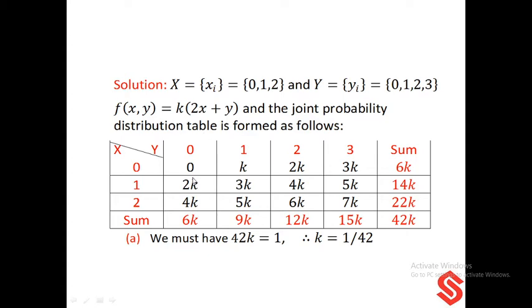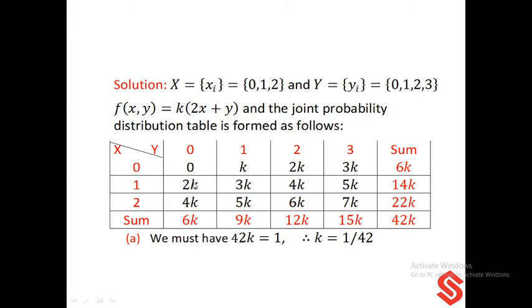We are using this formula to get these probabilities, where we substitute the values of x and y. Here xi, say x1, x2, x3, are 0, 1, 2, and y values y1 is 0, y2 is 1, y3 is 2, y4 is 3. So by substituting the values, we are getting these probabilities in terms of k.